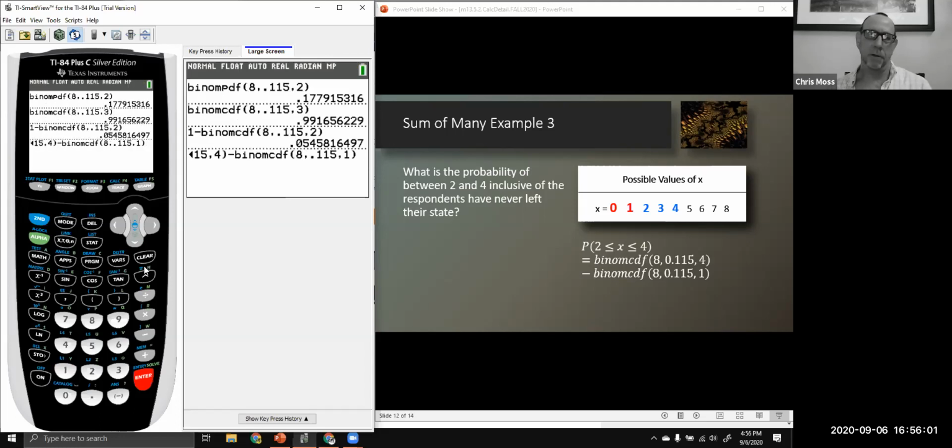Paste them in. There's a lot going on there. You can't even see the whole thing. I will note that this little arrow here means there's stuff going on to the left that you don't see. Yes, you can scroll back and forth through that to your heart's content to make sure you've got the right numbers in there.